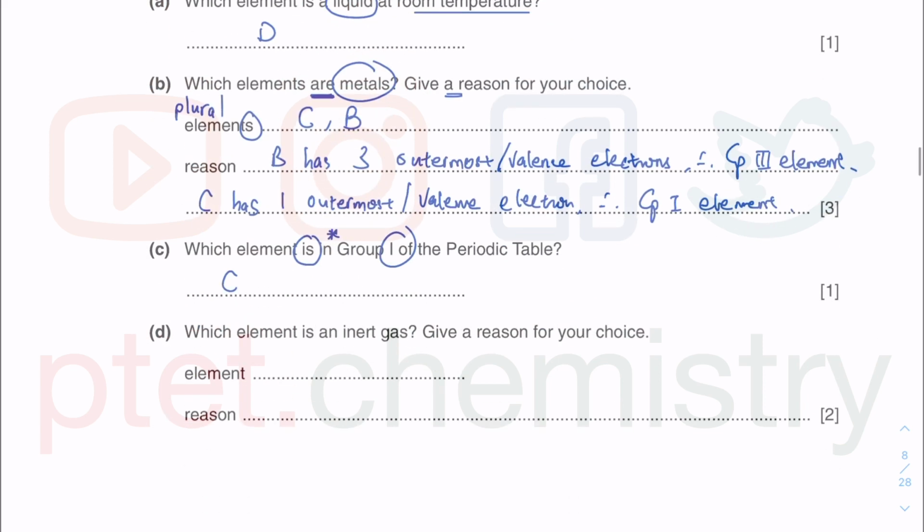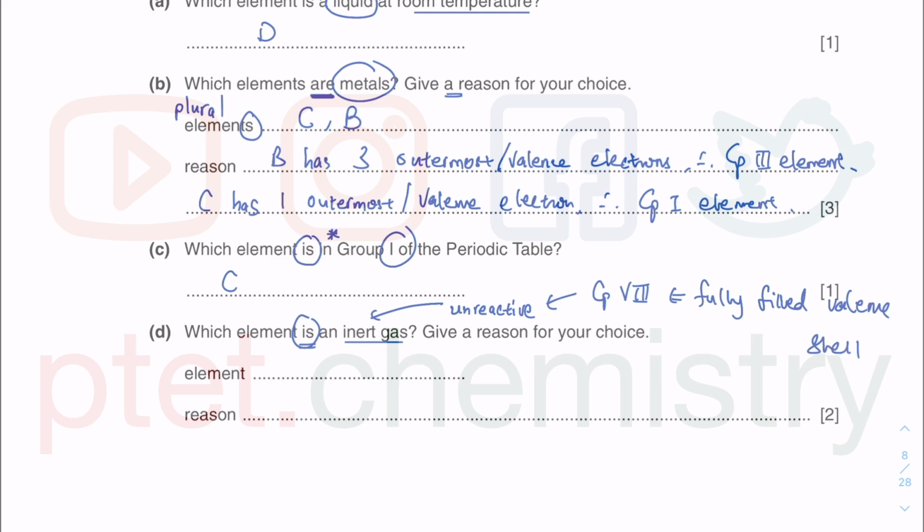The next one, very obvious also, is an inert gas. Inert means unreactive, and as you know, even the non-metals can form covalent bond with themselves, except for group 8, because fully filled outer shell, fully filled valence shell.